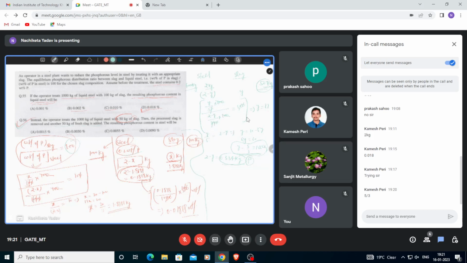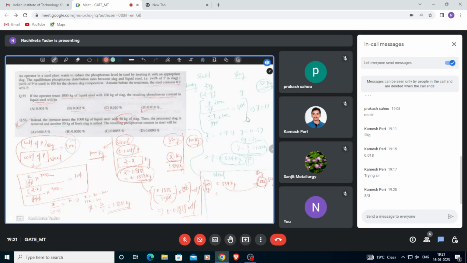Now we know in steel the phosphorus content is 0.334 kg. This is 1000 kg of steel, and again we are treating it with 50 kg of slag. So here suppose a kg of phosphorus goes in slag from this one.